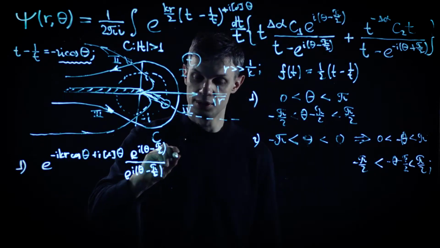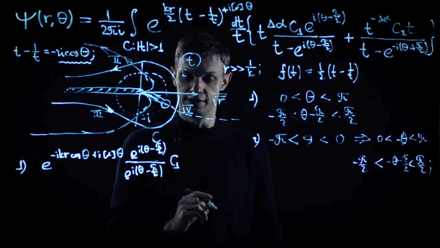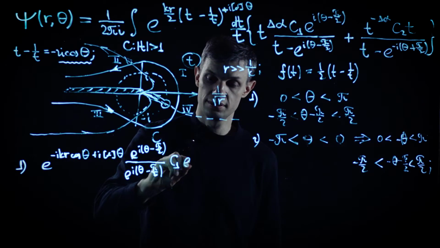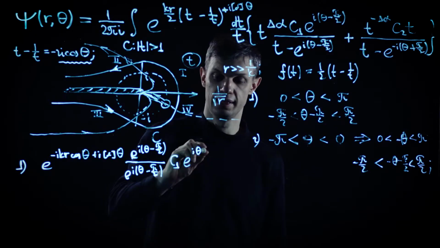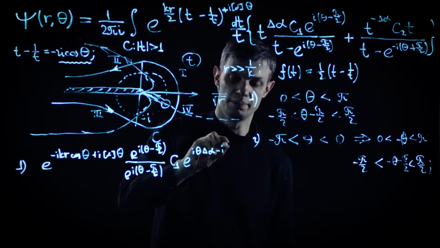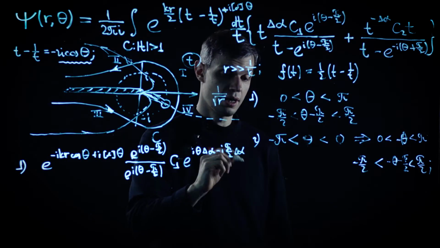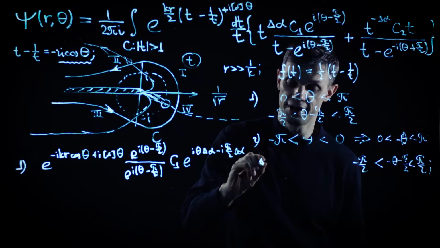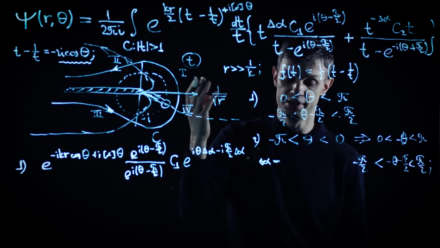Next, this C1 constant, and t to the delta alpha. So it's e to I theta delta alpha minus I pi by 2 delta alpha. I remind you that delta alpha is the fractional part of the alpha parameter, where alpha is a magnetic flux.